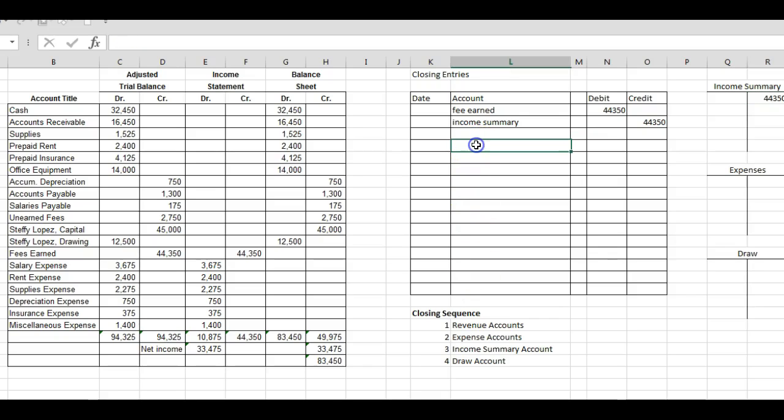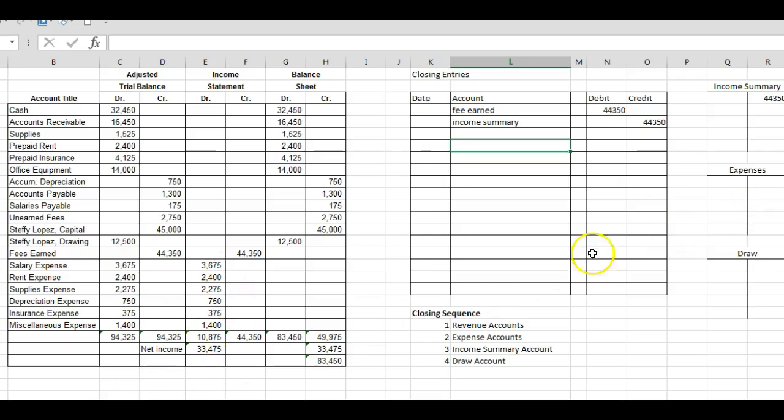Now I want to look at the expense accounts, and the expense accounts are going to come into the income summary. Now, my accounts total $10,875. Typically, you're going to debit each one of these, but for the sake of simplicity, I have just set expenses. These have a debit balance.